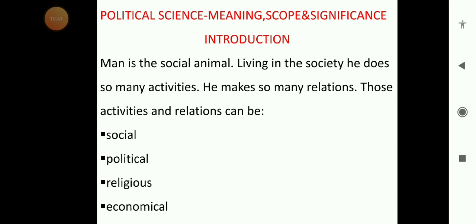So we make many kinds of relationship doing those activities. Those activities and relations are social relations, political relations, religious relations, and economic relations, right? Hopefully you understand.